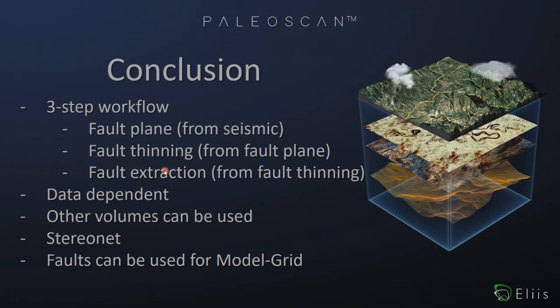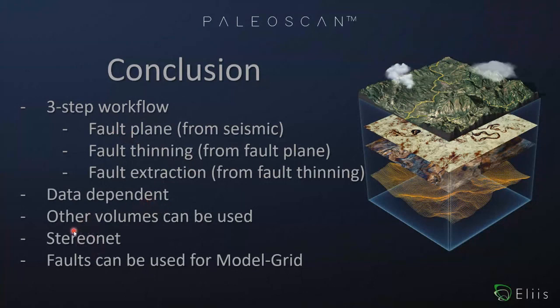If you don't have to compute the fault plane cube, you're going to save hours or days. And if you do so, please feel free to give us some feedback to see if it works fine.